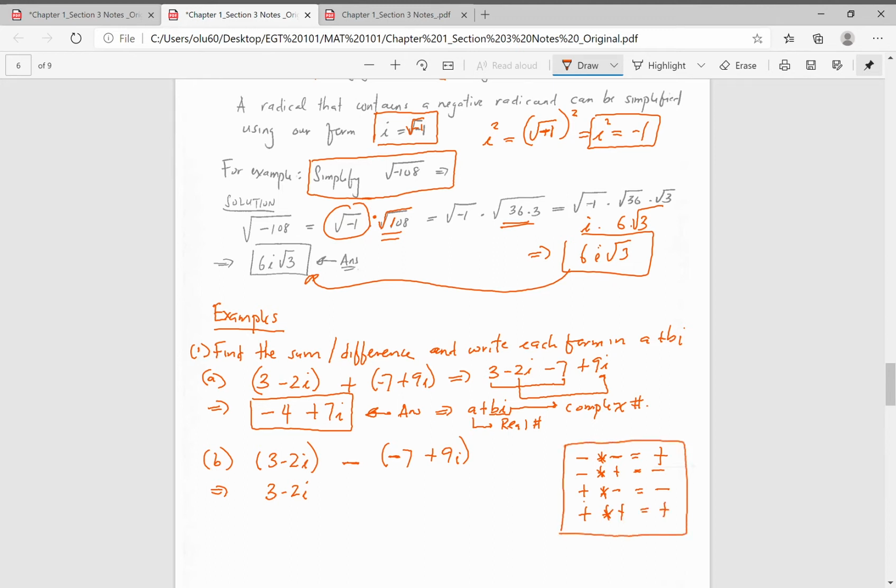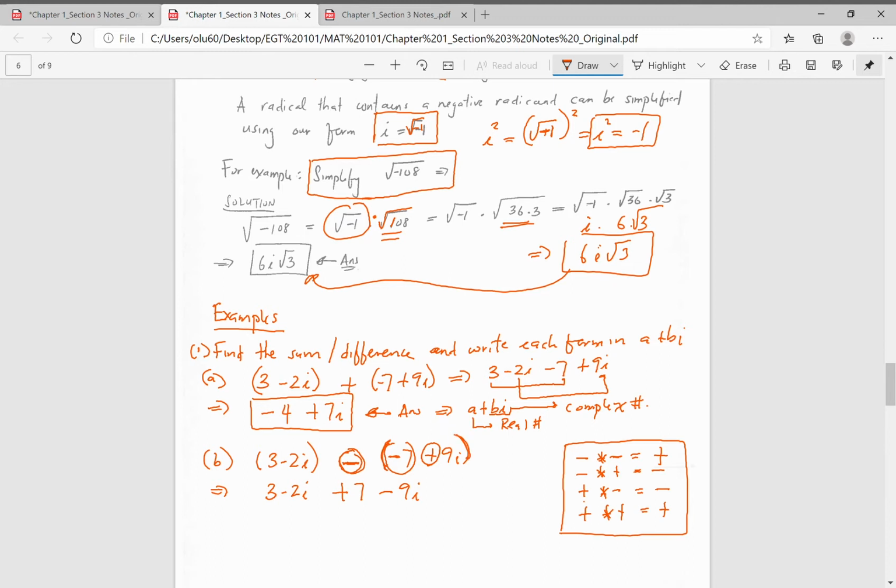This is very important. So this negative here times this negative 7 gives us a positive 7, and then this negative times this positive gives us what? A negative 9i. Okay, because we want to open up the parentheses. When you open up the parentheses, the sign outside the parentheses takes control of whatever signs are within the parentheses.